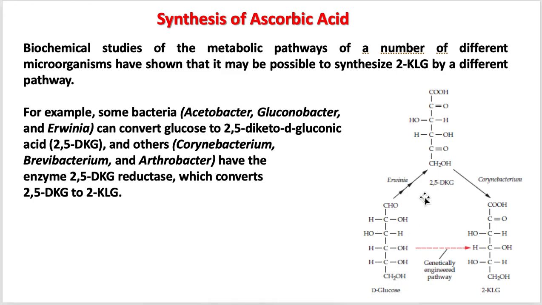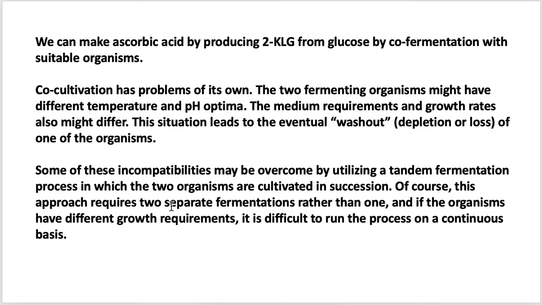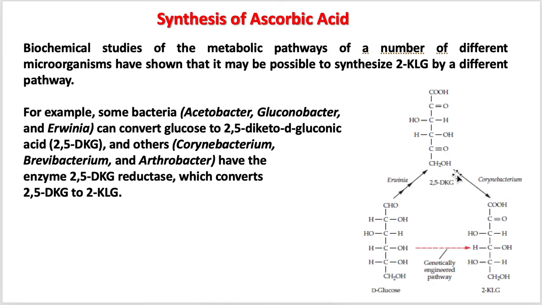Then we do a second, consecutive fermentation using Corynebacterium to produce the 2-KLG. However, it still remains complex, because we have to use two different fermenters, and as the conditions will be different, it may be necessary to change the chemical composition of the first fermented product. That's why it still remains complex.